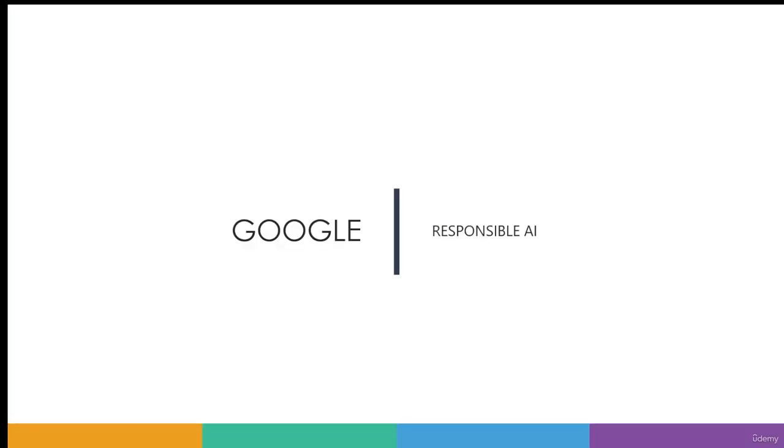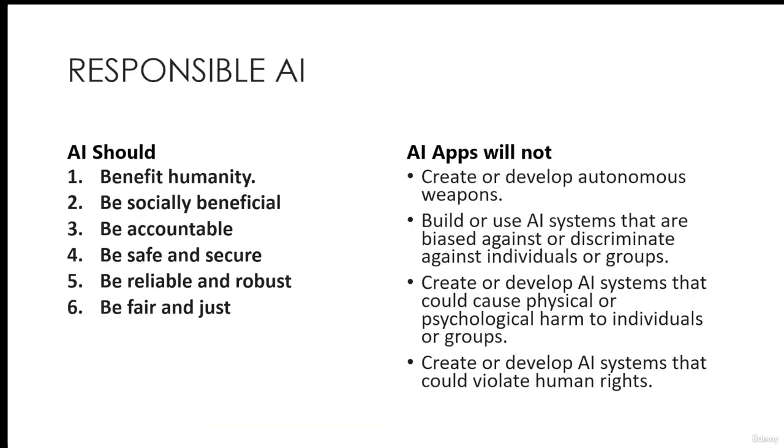Hey guys, welcome back. So we are now looking at responsible AI in Google in general and what applies to Google Bard. We will also look at what Google AI will and will not do in terms of responsible AI.